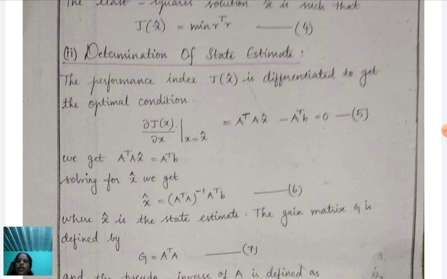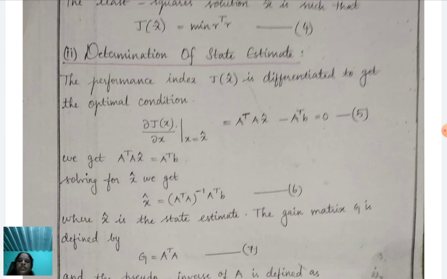So A transpose A x hat equal to A transpose b, and solving for x hat we finally get x hat equal to (A transpose A) inverse A transpose b, where x hat is the state estimate.